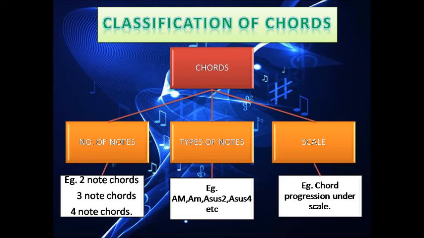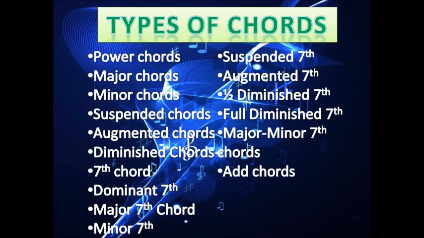Now let's see the different types of chords. The types of chords are major chord, minor chord, suspended chord, augmented chord, diminished chord, seventh chord, major seventh, dominant seventh, minor seventh, augmented seventh, half diminished seventh, full diminished seventh, suspended seventh, minor major seventh, power chords, C2 or C add 2, C9 or C add 9, C6.